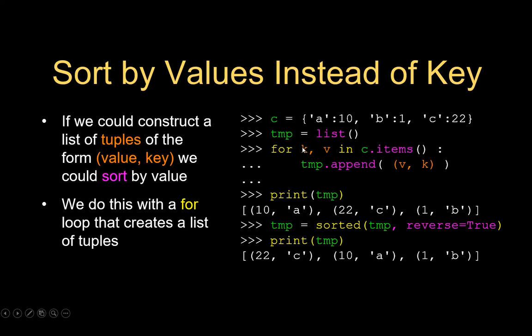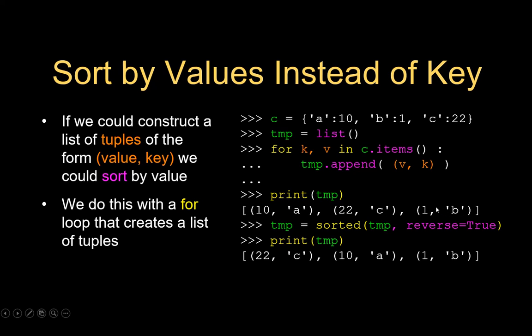Here we had key and value, but we're going to take the value first and the key second, and append it to the temporary list that we created. If we print our tmp list, we have the exact same dictionary in reverse order: value and key, value and key, value and key.